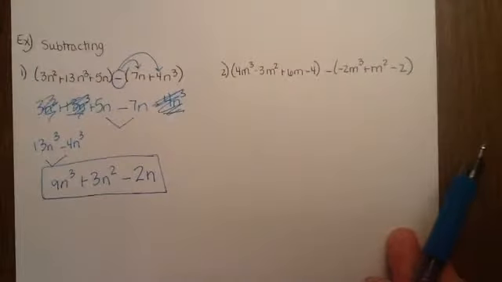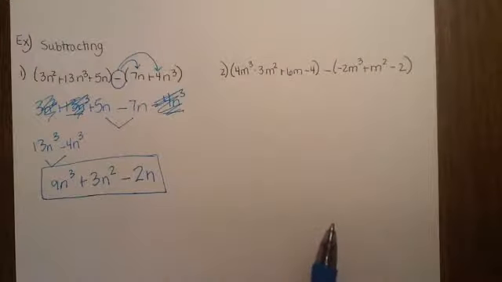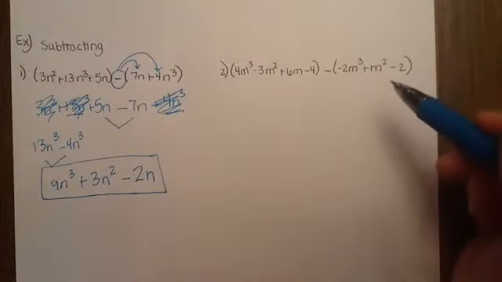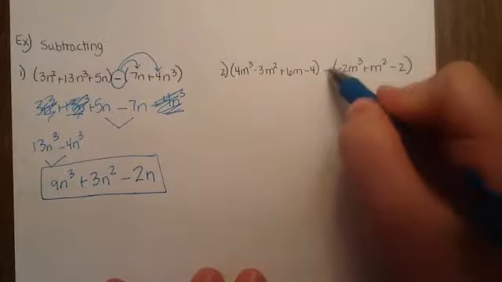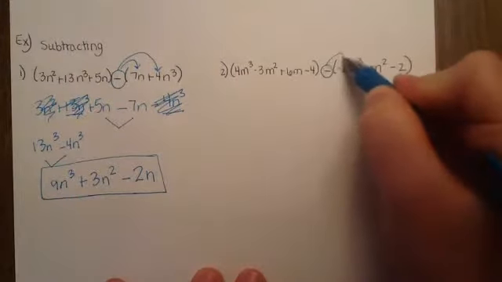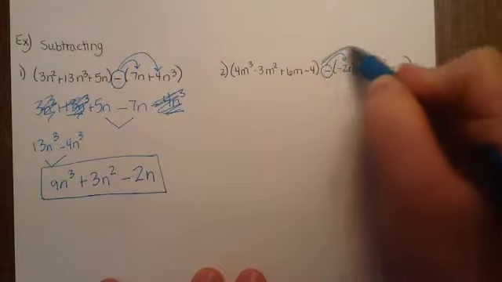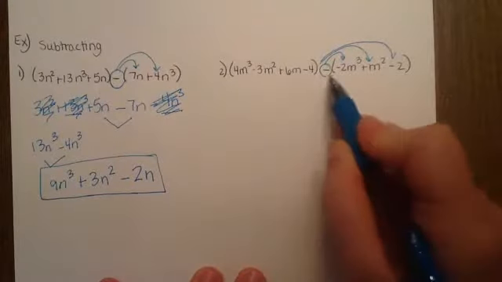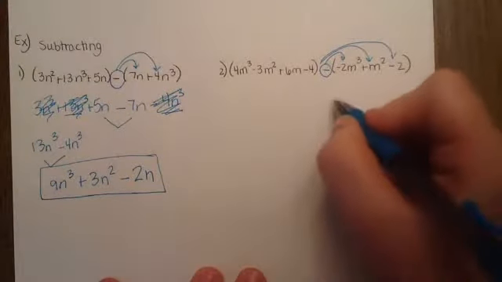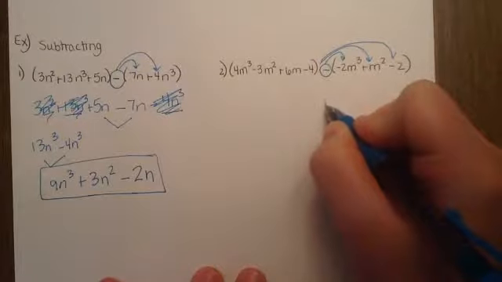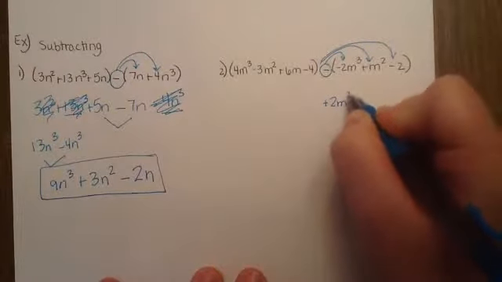Try this next one on your own. Let's see how you did. What was the first thing that you did before you started combining pieces? Distribute the minus sign to all three terms. So minus a negative 2m cubed becomes positive 2m cubed.